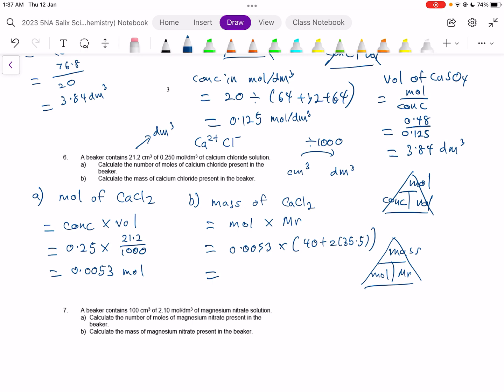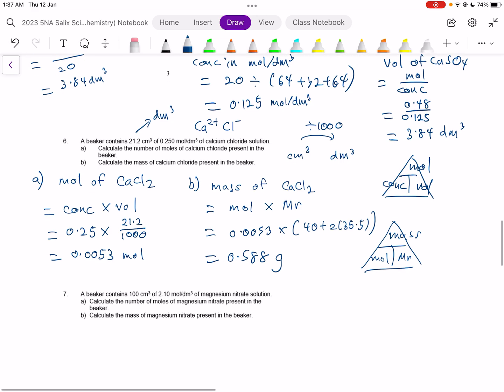That gives 0.588 grams. Let me double check the answers. Right, I think it should be correct.